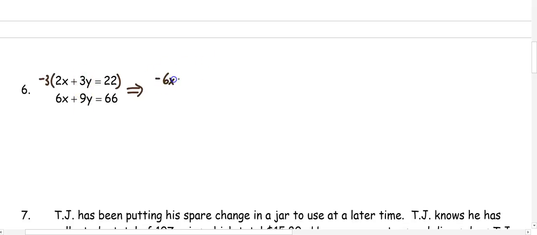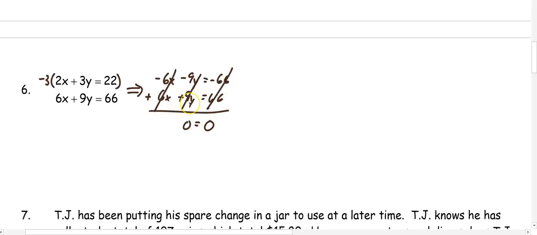So I have negative 6x minus 9y equals negative 66, and I rewrite the second equation, 6x plus 9y equals 66. When I add straight down, the x's and the y's cancel out, so I'm left with 0. The numbers also cancel out, so I'm left with 0. 0 equals 0 is a true statement, so this is our other special case, where we would have infinitely many solutions.